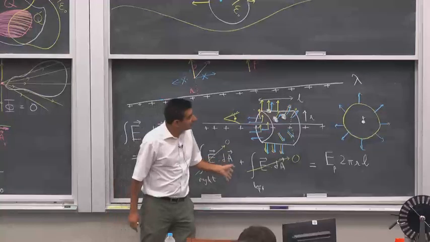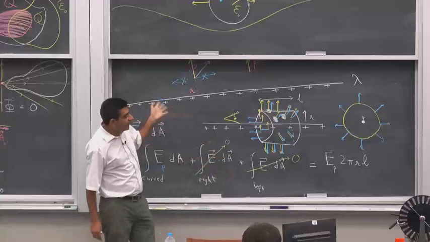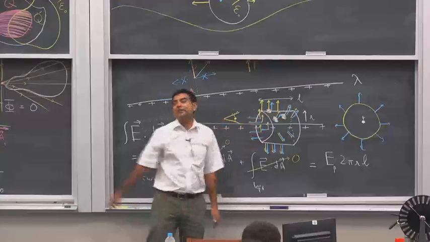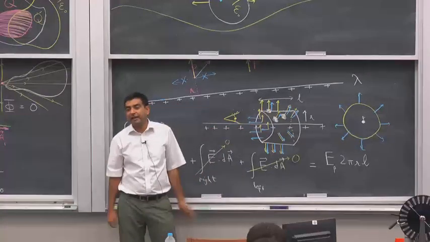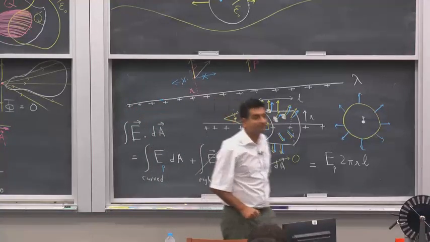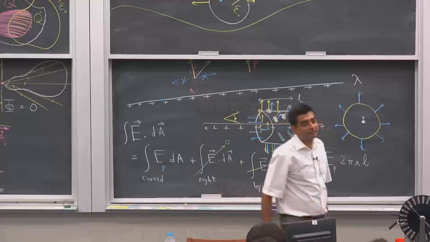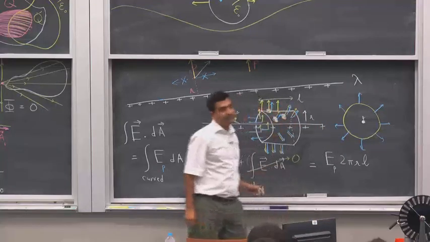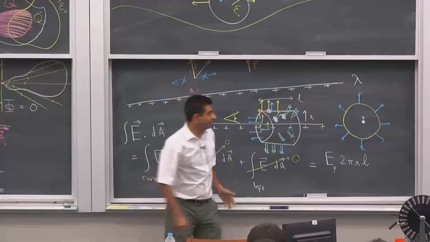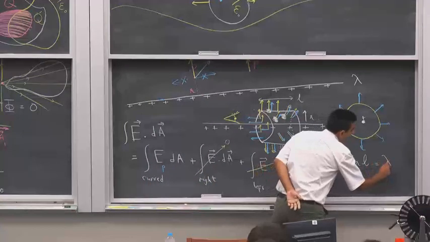So this is the left hand side of Gauss's law. This must equal the charge enclosed by this Gaussian cylinder. And what's the charge enclosed? The charge per unit length is lambda, so lambda times L is the charge enclosed.